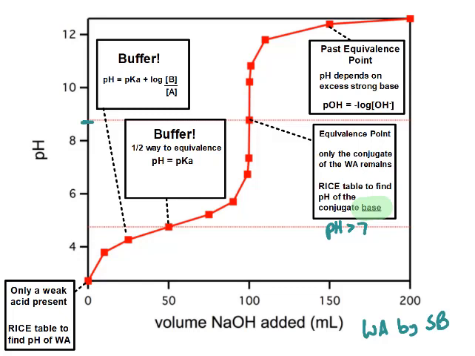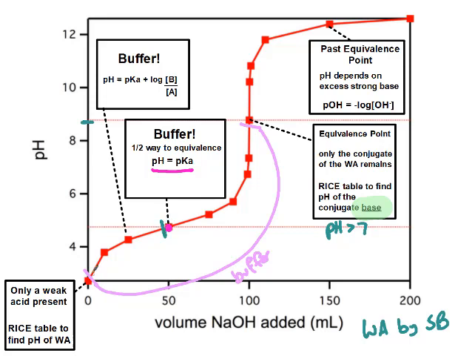One more thing that you should add to your graph is that from the very beginning, after you add a drop of the base, to right before you reach the equivalence point, all of this is a buffer. But within that buffer, we said that at the halfway to equivalence point, pH equals pKa.